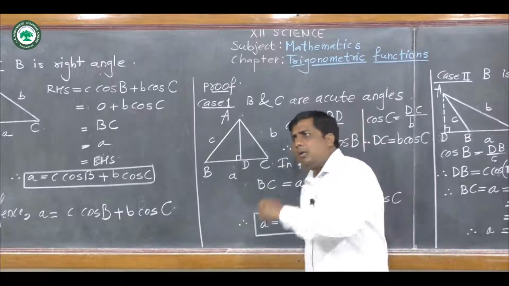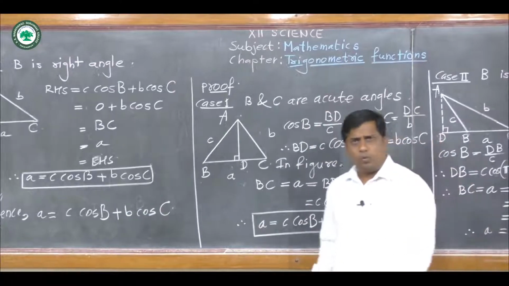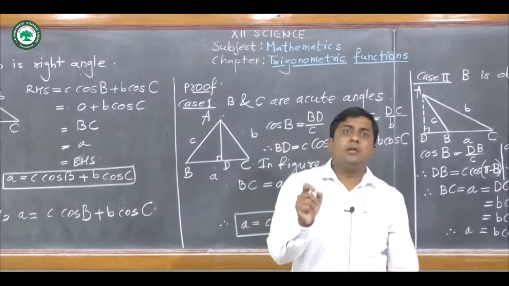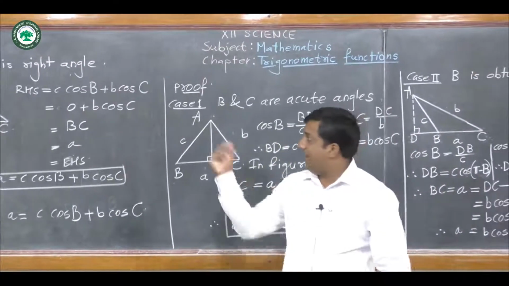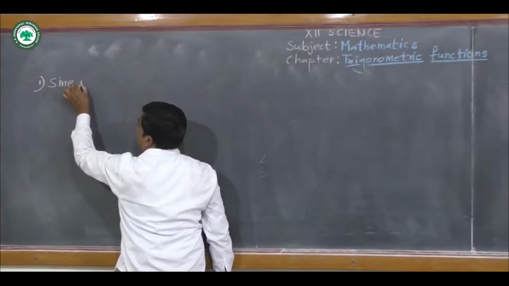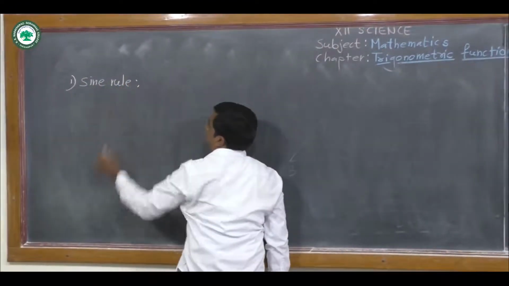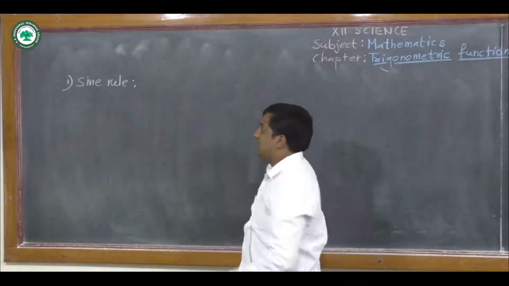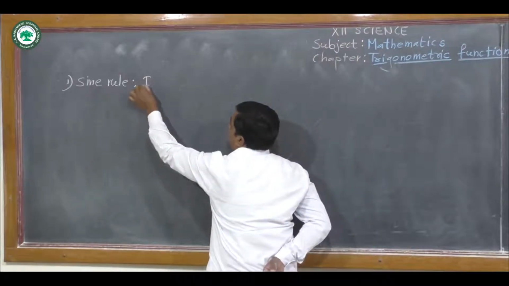In the previous lecture we considered the sine rule and cosine rule. Let's repeat these two rules again. Firstly, the sine rule. To define the sine rule we consider triangle ABC.